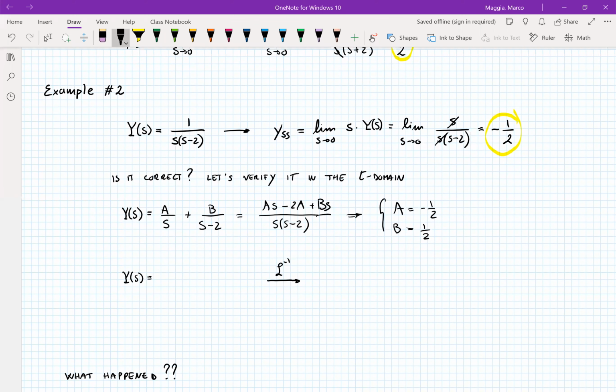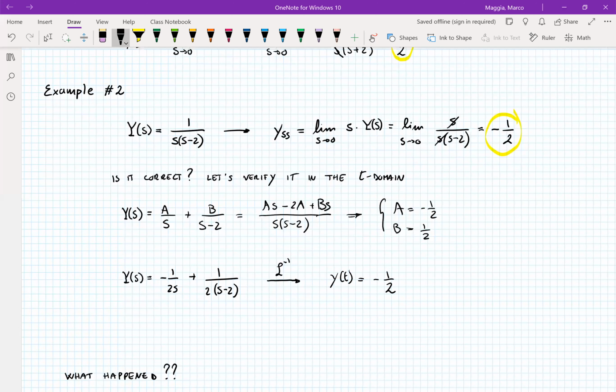So y of s is minus 1 over 2s plus 1 over 2 times s minus 2. Applying the inverse Laplace transform, minus 1 over 2s is simply minus 1/2.